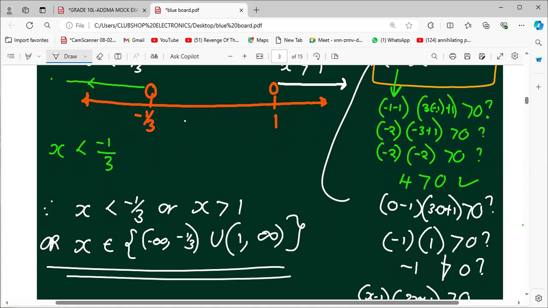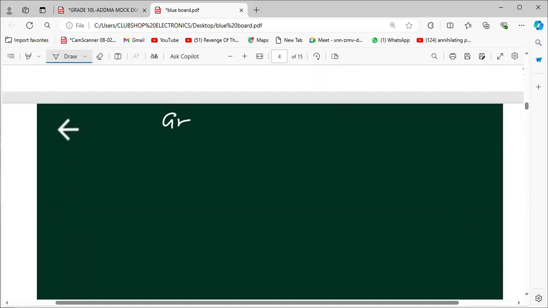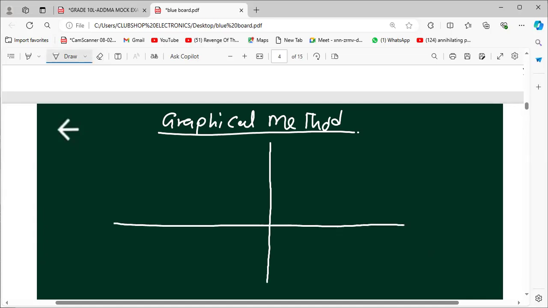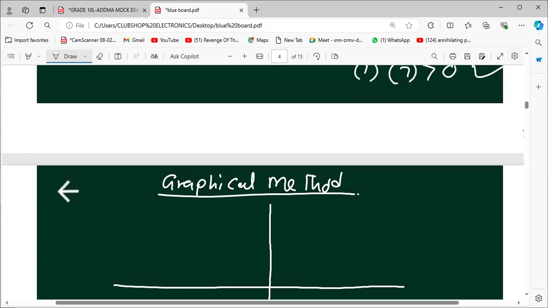Now, if you don't want to use that method, we can use the graphical method, by sketching the quadratic function. So we are going to come up with a quadratic function. Take note that we are dealing with 3x squared minus 2x minus 1 greater than 0.